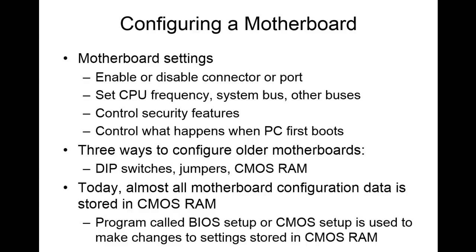For today's motherboards, the program called BIOS, or Basic Input-Output System, is used to set up and make changes in this CMOS RAM. The BIOS identifies, tests, and initializes components and boots to the hard drive. The CMOS is going to store the time and the date.